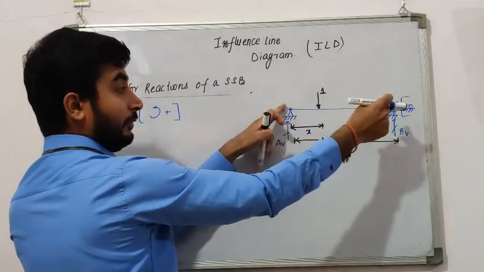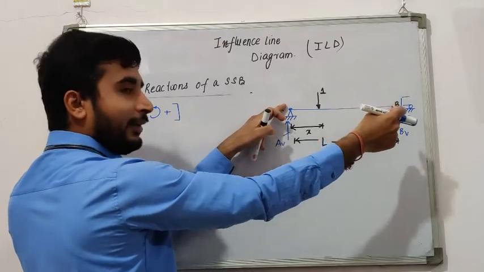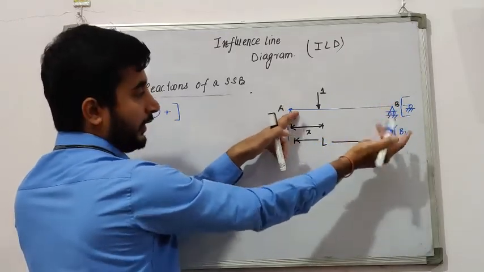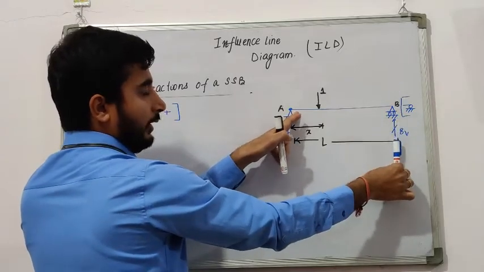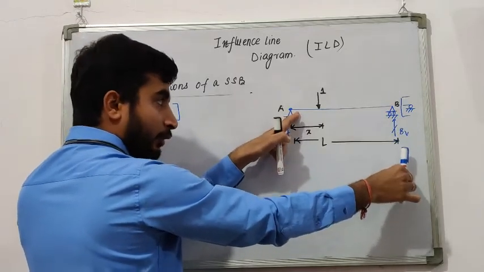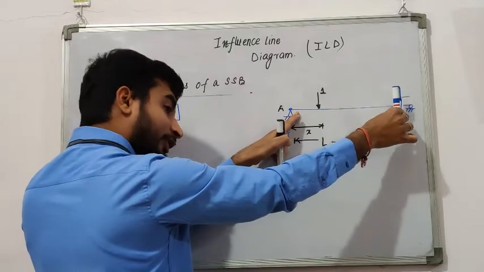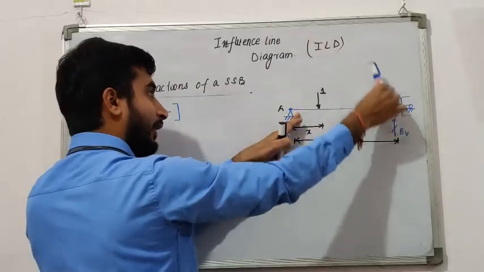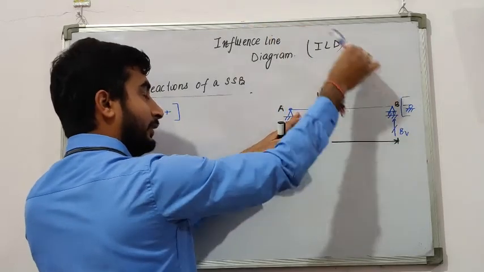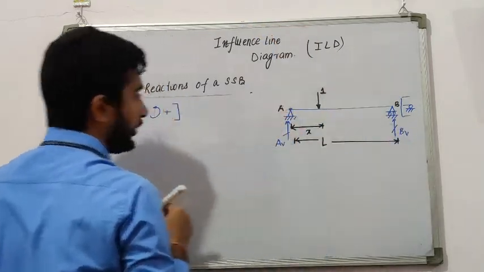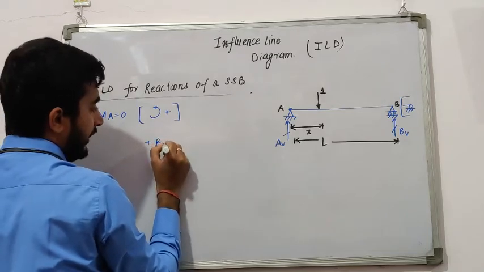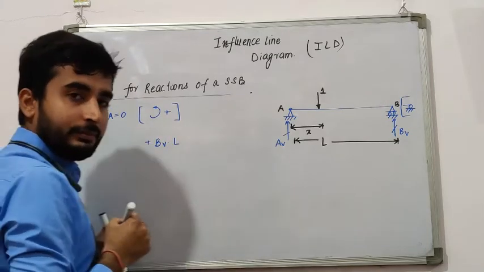To find the direction of the force, let the force move in the direction it is moving and try to bend it towards yourself. It will go like this. So this is the anti-clockwise motion. So what you get in anti-clockwise is plus BV into L.